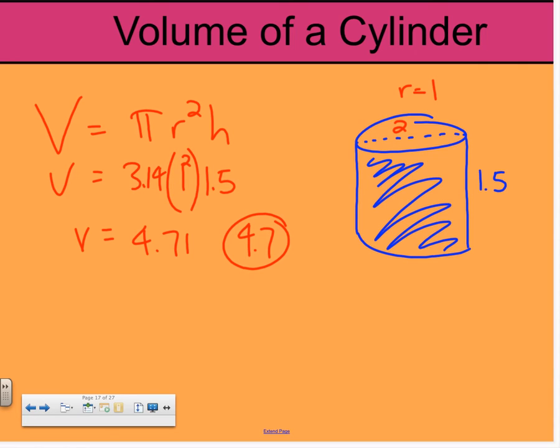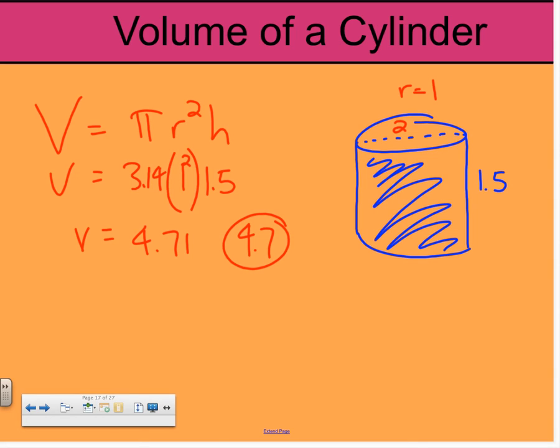The problem is we're not done. We've got 4.7, but the problem said, how much does the paperweight weigh if 1 cubic inch weighs 1.8 ounces? So 1 cubic inch weighs 1.8 ounces, but I have 4.7 cubic inches.